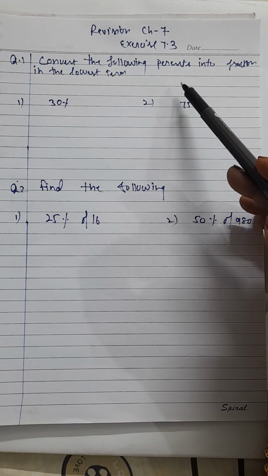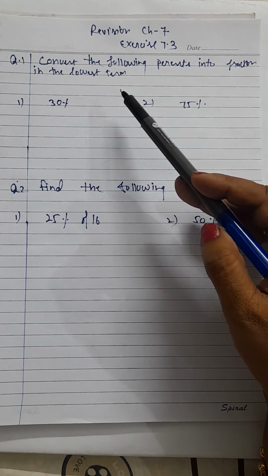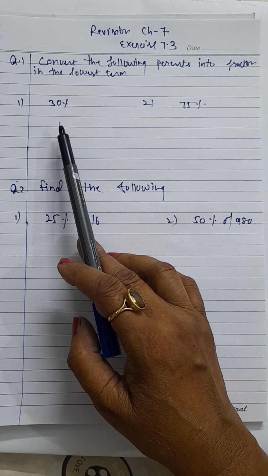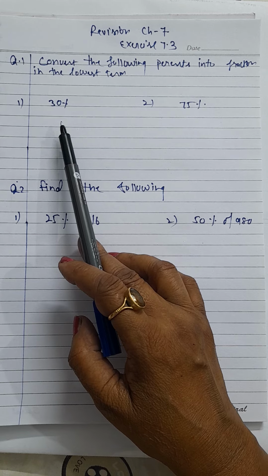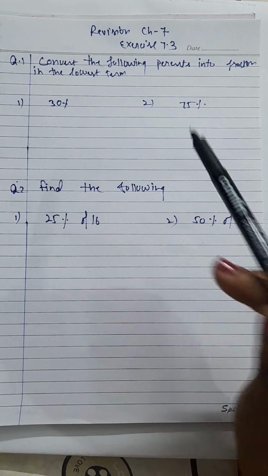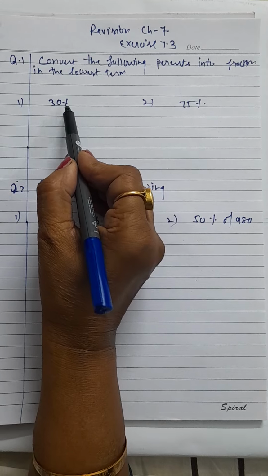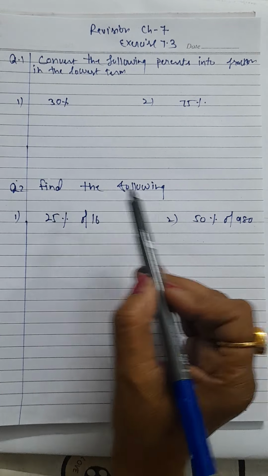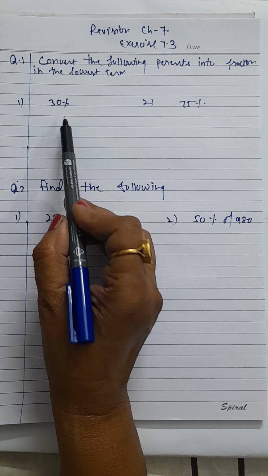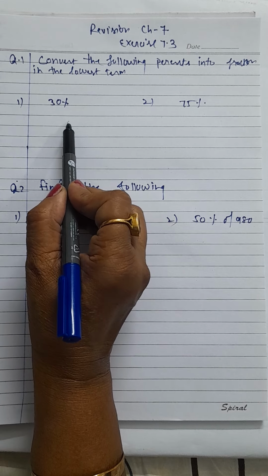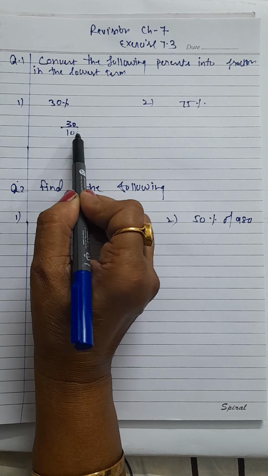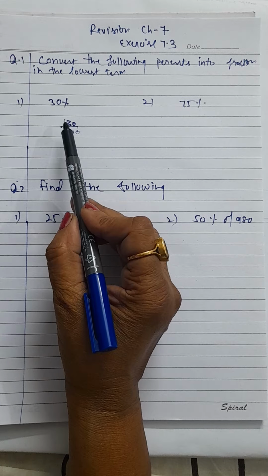Convert the following percents into fractions in the lowest terms. Here we first change percent into a fraction, and later we will write it in lowest terms. Whenever a percentage sign is given, we remove this sign and write the denominator as 100. So 30 by 100.